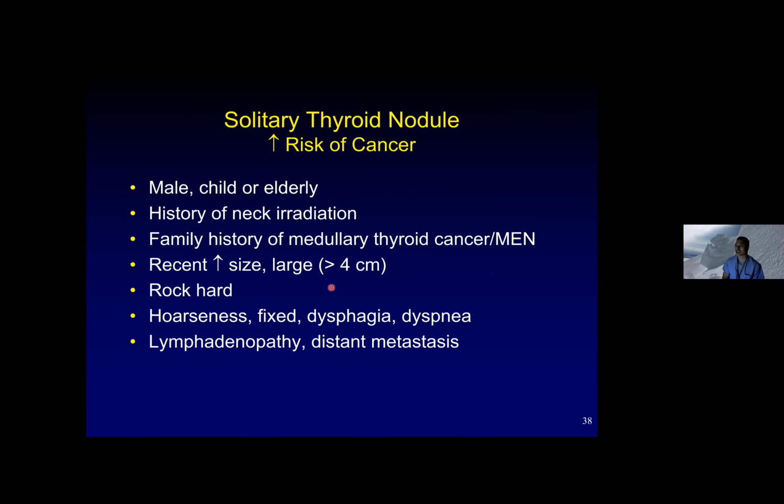So what are those patients that have an increased risk of thyroid cancer when we find a nodule? Male individuals, age extremes, so either a very young or an older individual, and history of neck irradiation, again, somebody who's had head and neck cancer or lymphoma, for instance.